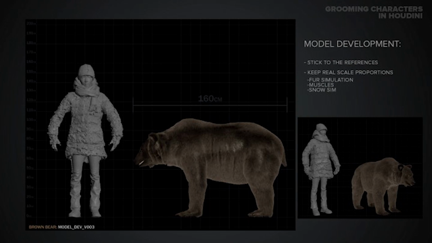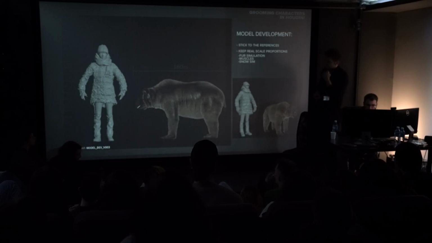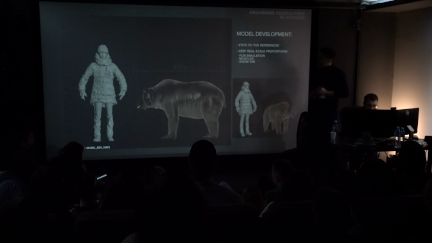And keep real scale proportions, another rule, because the bear has some fur seams. Also, we did muscles and small seams. So basically, everything in real scale is much better for dynamics.